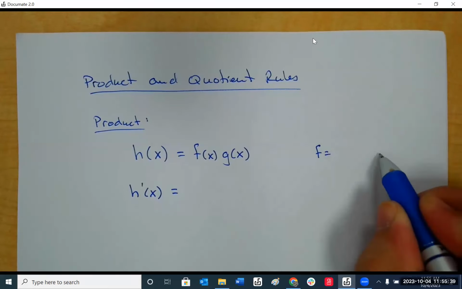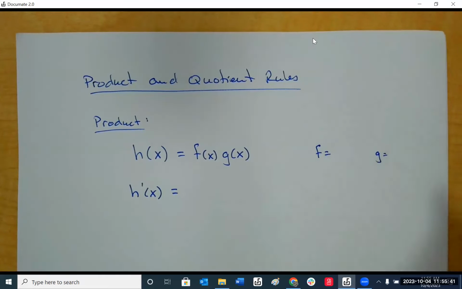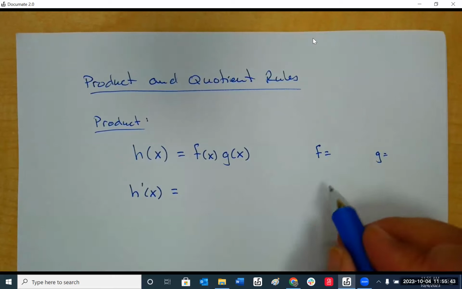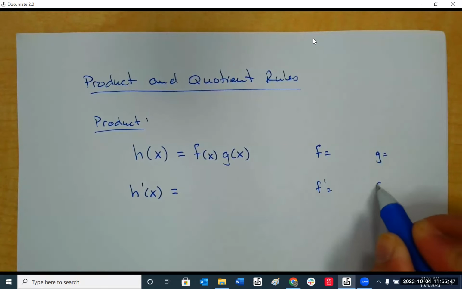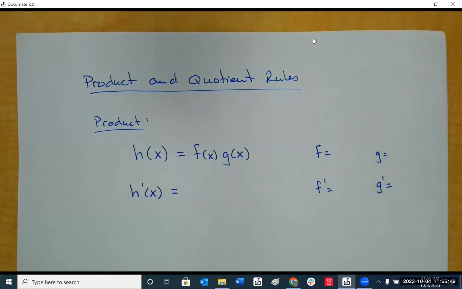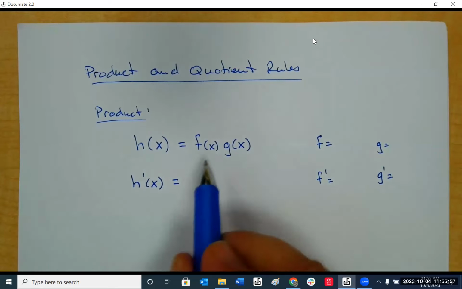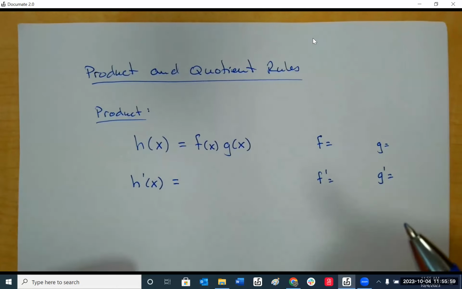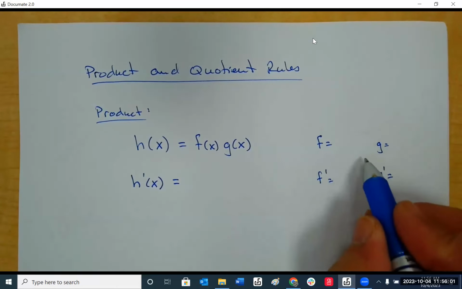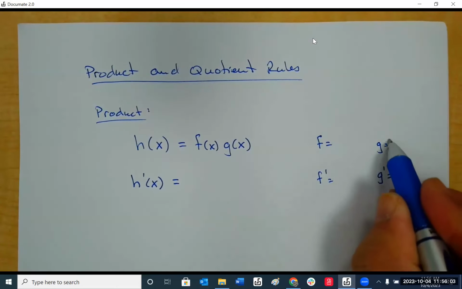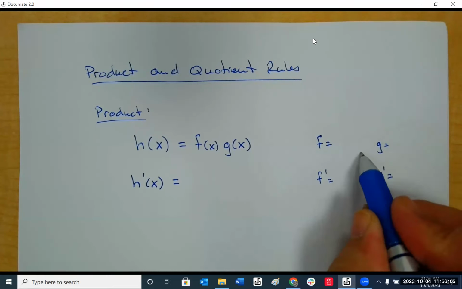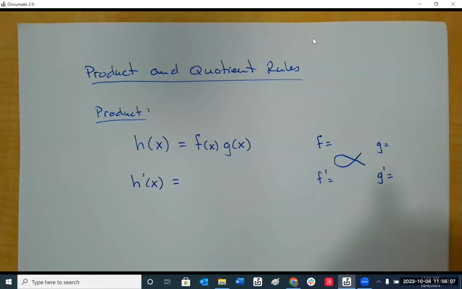I have my f and g, whatever they are, and then right below those, I take the derivatives of them. The formula, when you're multiplying, it makes things bigger, right? So starting from the g, make that little fishy thingy.